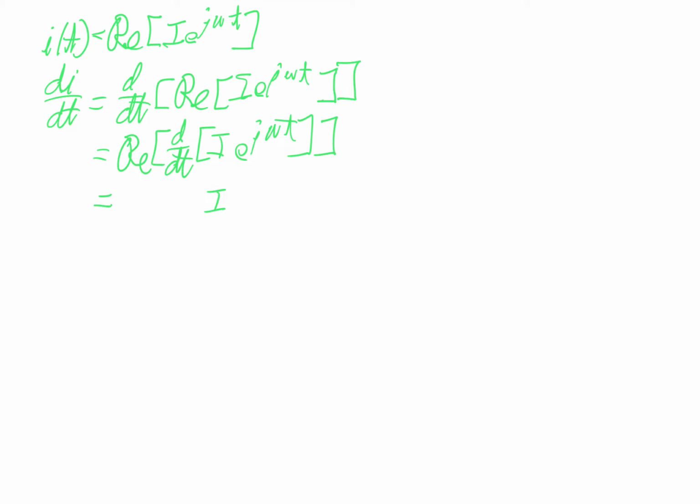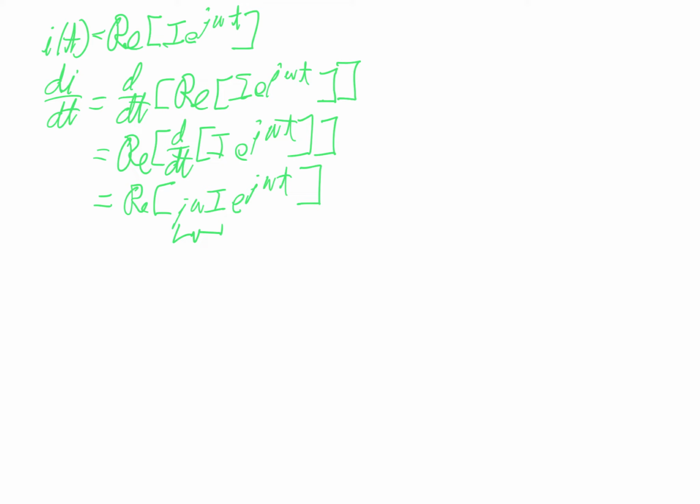It's a complex exponential, so I have e to the j omega t, and the multiplier of t, the variable I'm taking the derivative with respect to, so that j omega comes out front, and I still have the real operator right there. So my result has phasor j omega I.